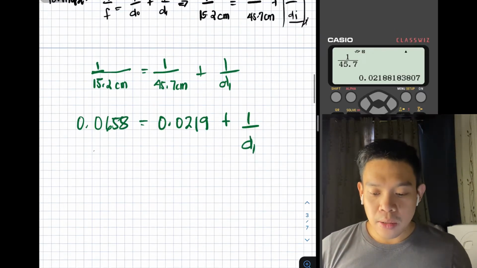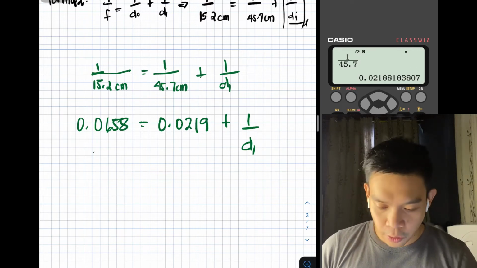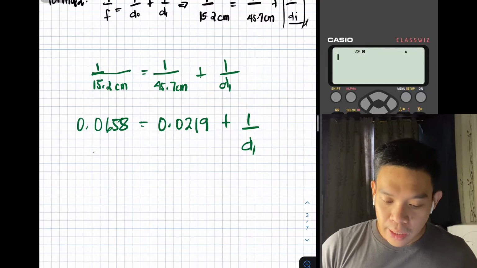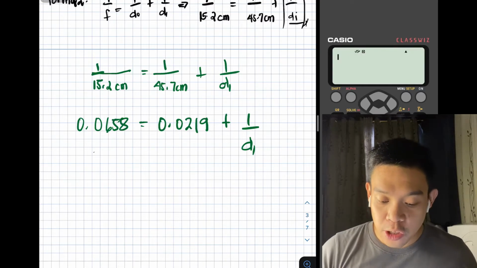Now, to isolate the given value, we need to move the 0.0219 to the other side of the equation by subtracting it.